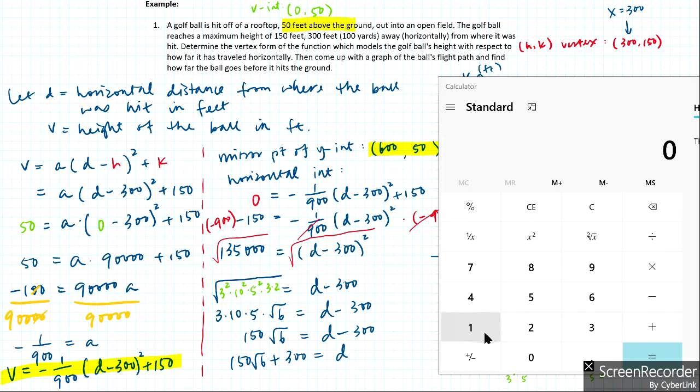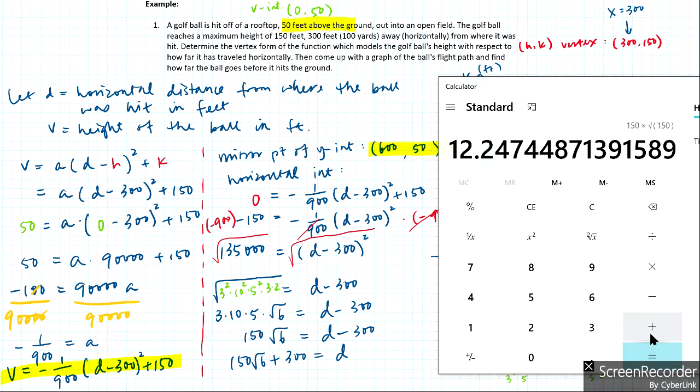And we can pull up the calculator here, 150 times root 6. So we want to do root 6 first, then multiply out the 150, then add 300.